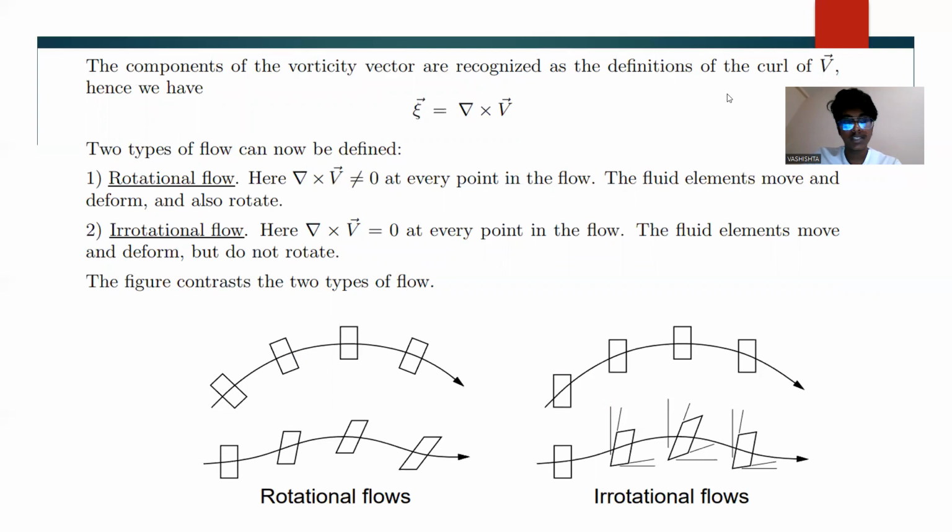The fluid elements move and deform and also rotate. In irrotational flow, del cross V is equal to zero at every point in the flow. The fluid elements move and deform, but do not rotate. The figure contrasts the two types of flow: rotational and irrotational.